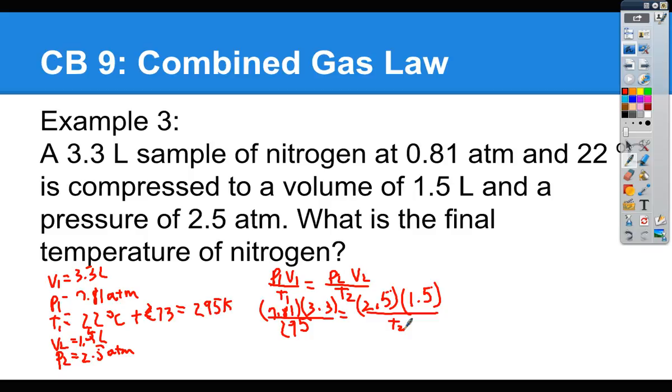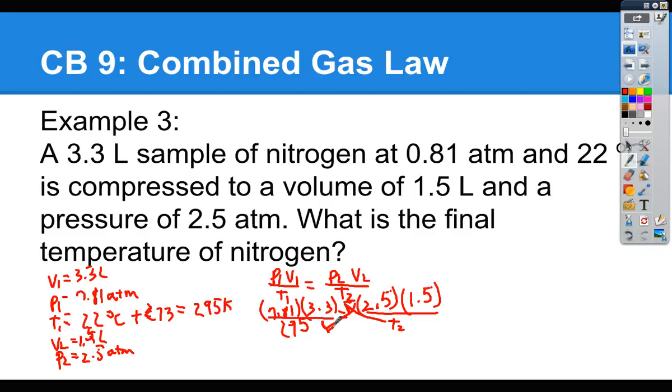All right, so we're going to cross multiply, okay? So we need to get the T2 isolated. So we're going to bring it up to the top. We're going to bring our 2.5 times our 1.5 to the bottom. And then we're going to bring our 0.81 down here to the bottom, okay?